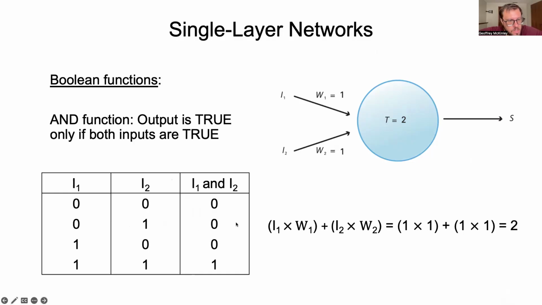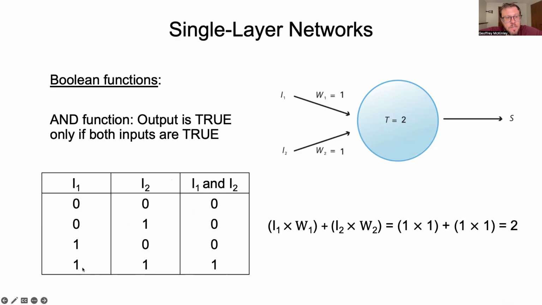You can do this math also: if input 2 is true but input 1 is false, you find that the activation is 1. Same if input 1 is 1 and input 2 is 0, then again the activation will be 1, so it won't fire.